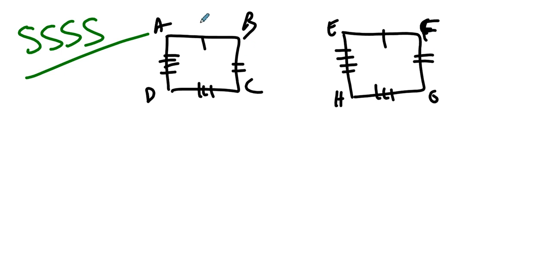Try to imagine a quadrilateral where every side is 2 inches long, and then try to imagine a different quadrilateral where every side is 2 inches long. Can you do it? Of course you can. Here's one of them.